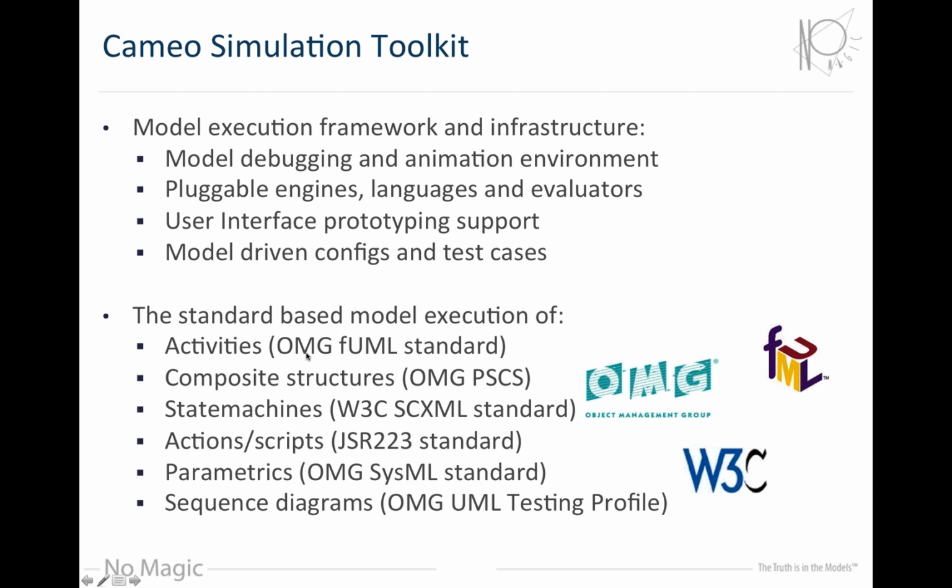Everything is built on top of the OMG fUML standard, which defines a foundational subset of executable UML. On top, we have executable state machines, a W3C standard called State Chart XML. Then we have an engine on top of fUML, and we also support different scripting action languages, parametric solvers, a sequence diagram engine, and so on.